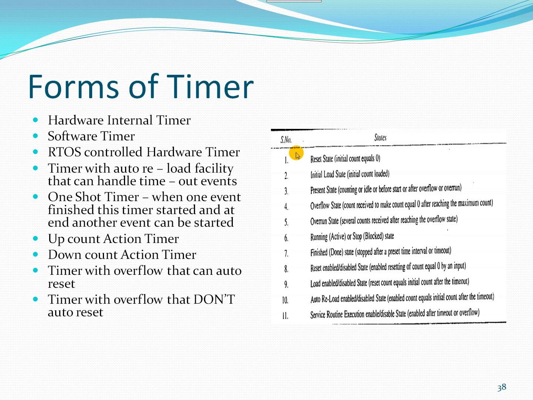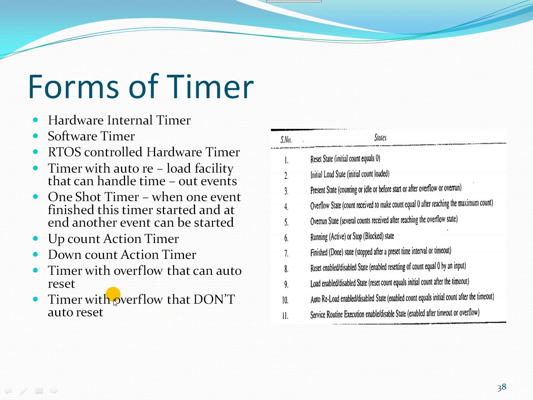The next will be the up count action timer and the down count action timer. These are all the basic applications of any timer. The timer with overflow that can be auto reset, and the timer with overflow that does not need an auto reset.